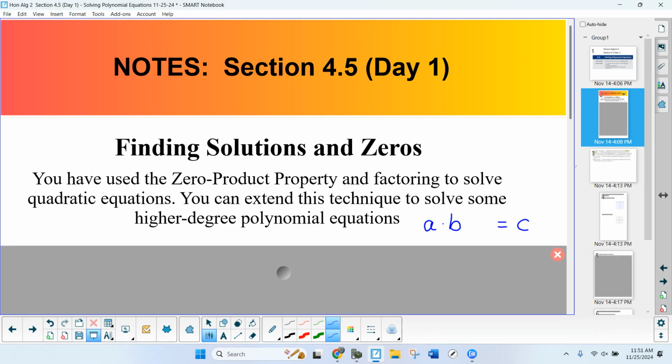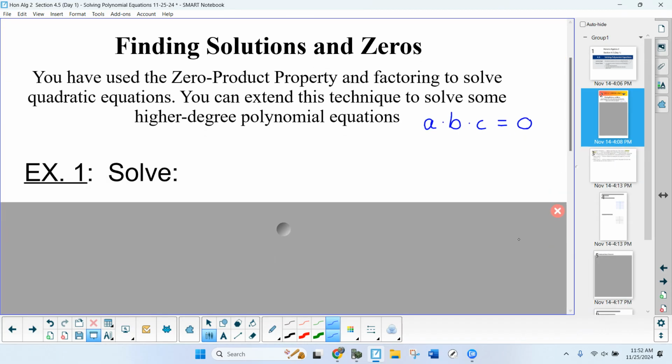One of them is equal to 0. Well, what if I have A times B times C equal to 0? One of them has to equal 0. So the zero product property just says if you factor something, you take all your factors and set them equal to 0. We're going to do that for higher degree polynomials today.